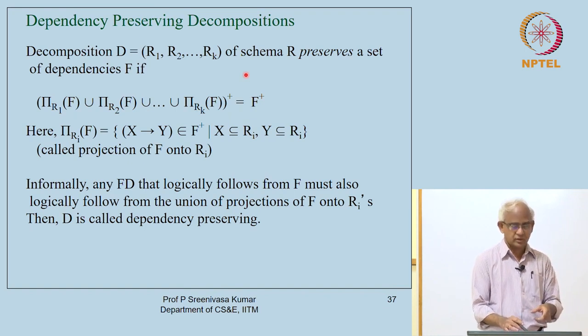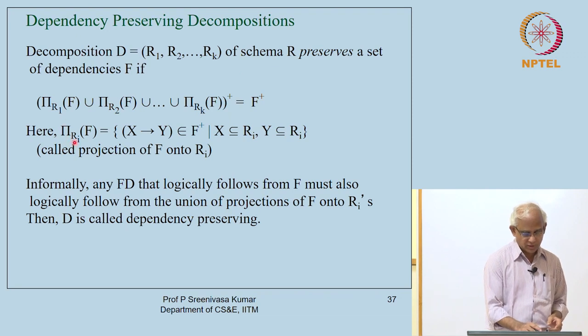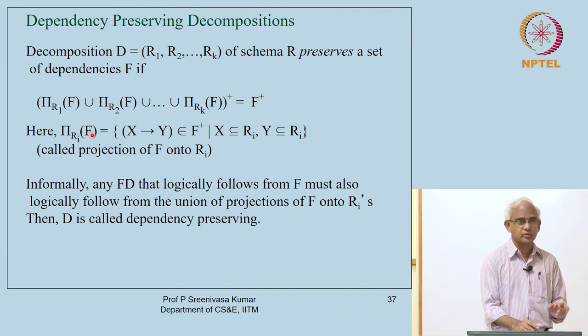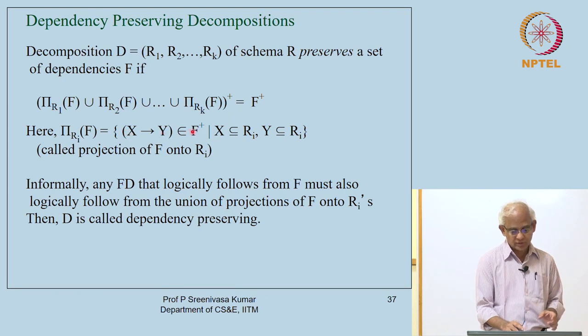So, pi Ri F, which you can call F sub i if you want, is the set of all those functional dependencies in F plus whose left hand side and right hand side are both part of Ri.